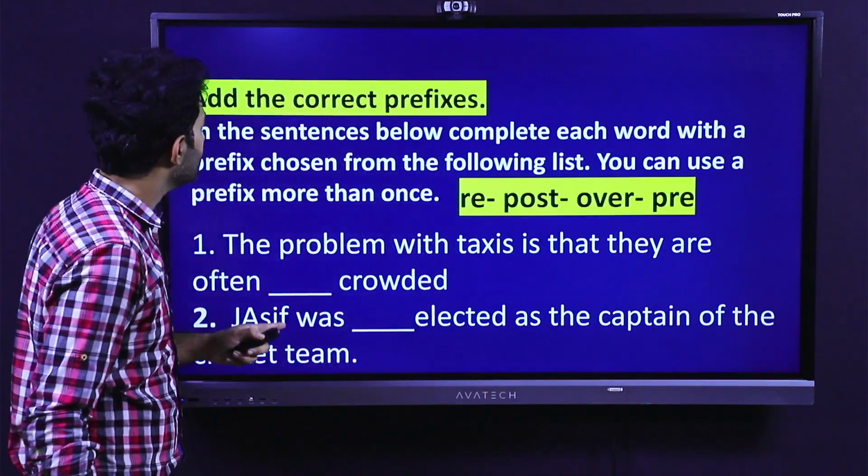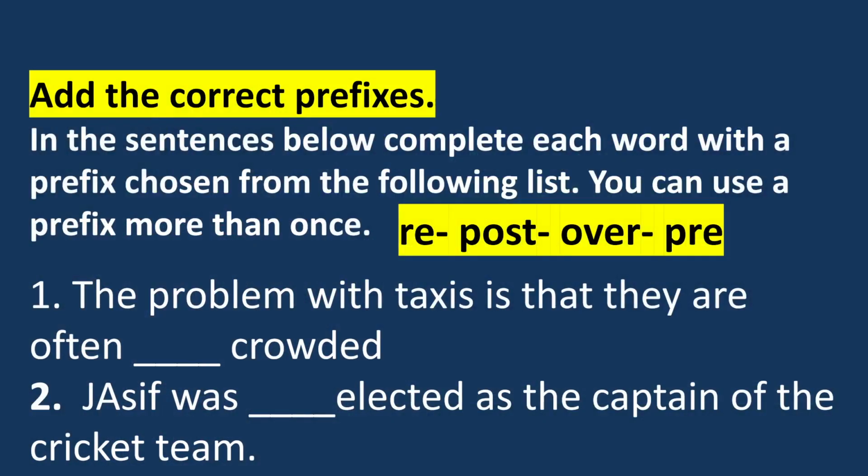Now, we have another activity for you. Be very attentive. We have all these different affixes: re, post, over, and pre. Pre is a prefix, over is a prefix, post is a prefix. These are all prefixes that we need to use.